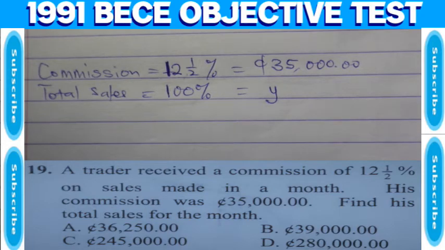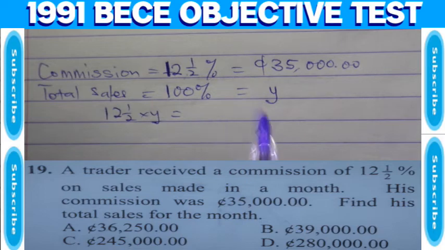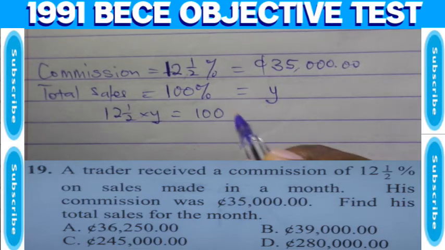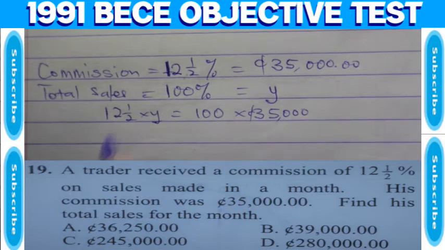We cross multiply and then find the value of y. So over here, 12.5 multiplies y, which will be equal to 100 multiplying 35,000 cedis. That is what we have right now. So let me rewrite this whole thing again.